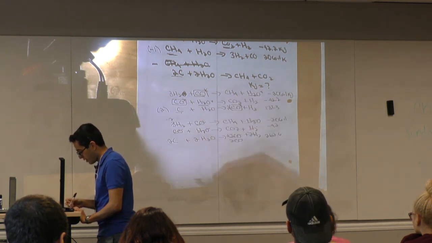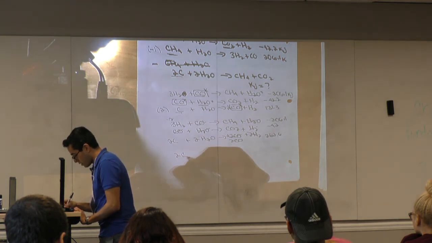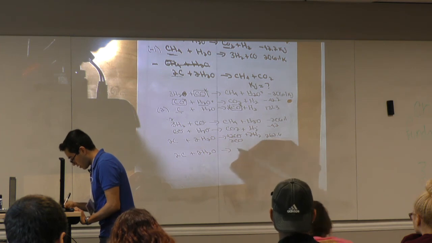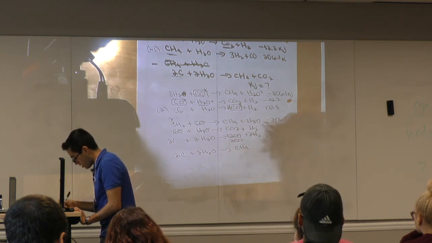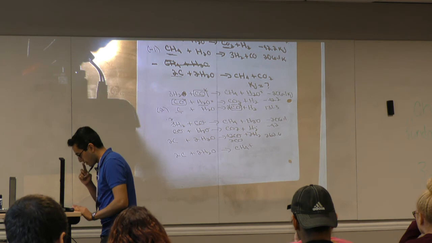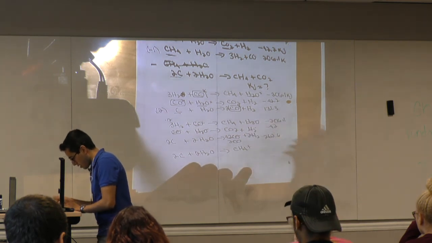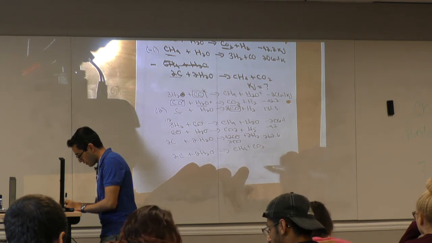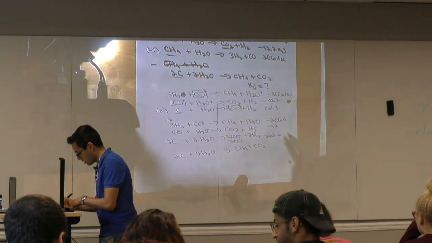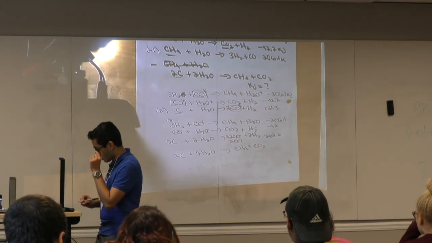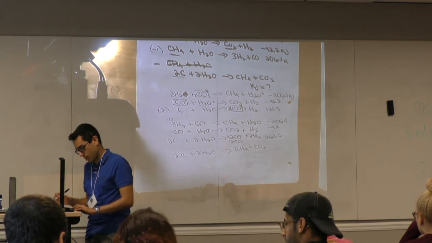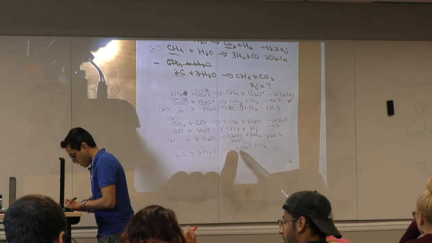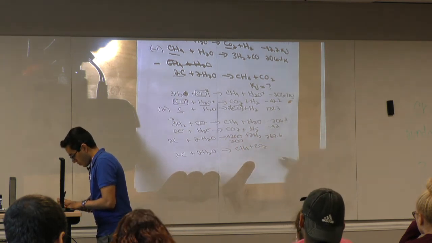So when you add it all down, you can say 2C plus 2H2O is left, CH4 plus CO2, plus 2C.